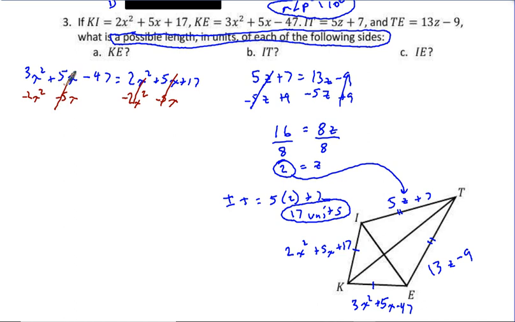And at this point, you see that the x's cancel. So we were just going to have a squared variable term and a constant. So I'm going to change the plan a little bit, and I'm going to add 47 to both sides, and say then that x squared equals 64.